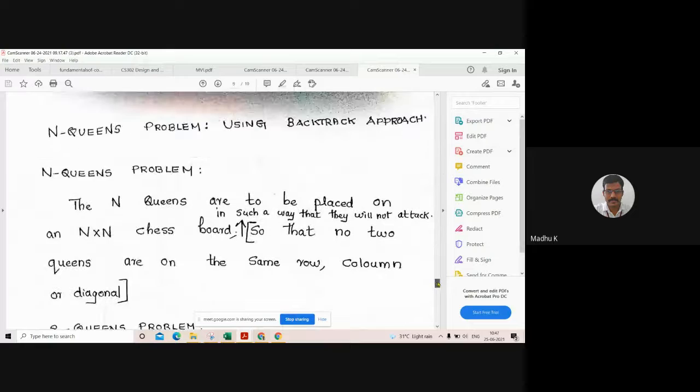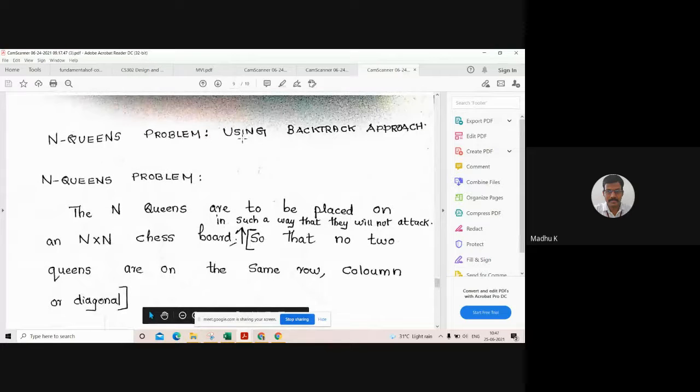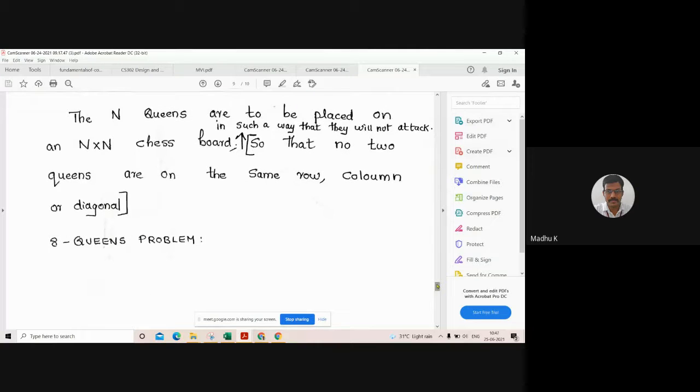Now, what is the N-Queens problem? Already we know what the N-Queens problem means. There is an n by n chessboard and n queens.